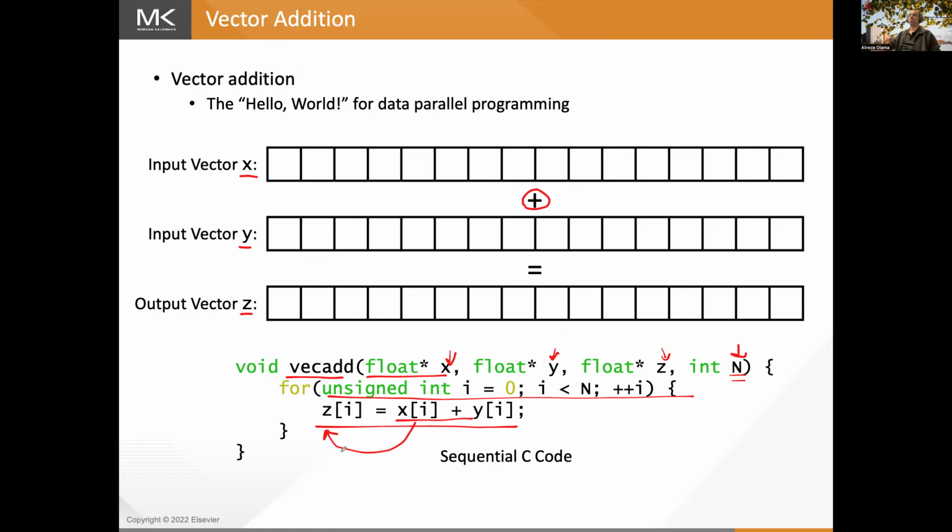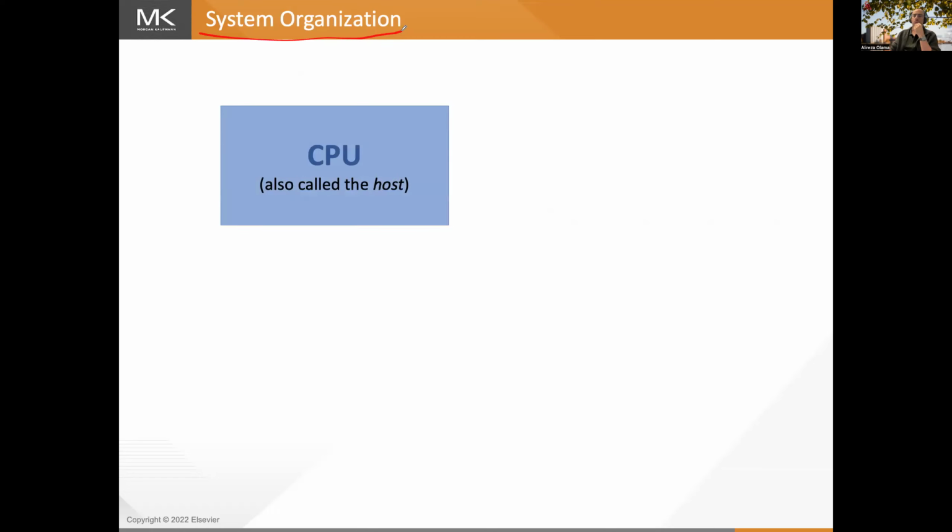Very simple. So let's see how we can do that using CUDA, but because I want to show it to you gradually, we try to build up the concepts on top of each other. So let's first talk about the system organization when you want to work with heterogeneous hardware that has both CPU and GPUs on the same machine. And here I'm also trying to show you some terminology. On a heterogeneous machine, you have a CPU, right?